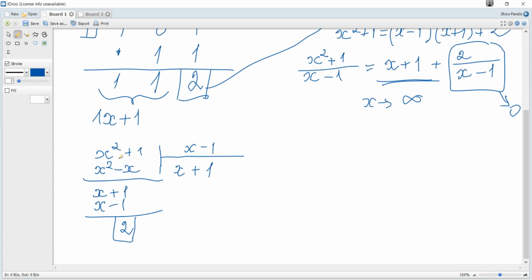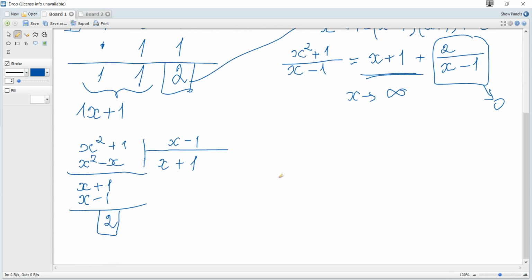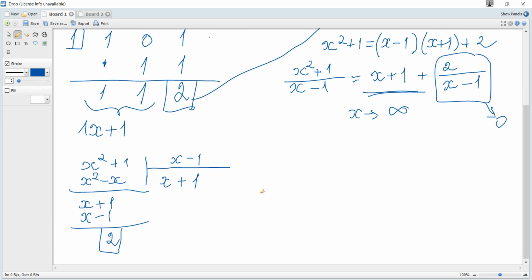Hence you can see that x squared plus 1 is x minus 1 multiplied by x plus 1 plus 2. So it's absolutely the same, but another way to divide.